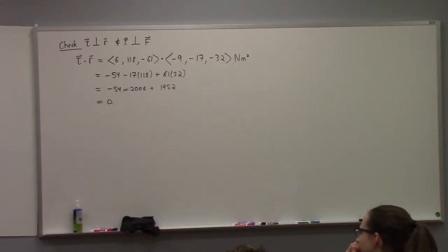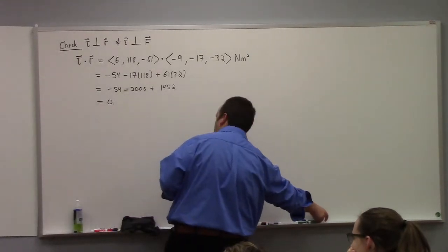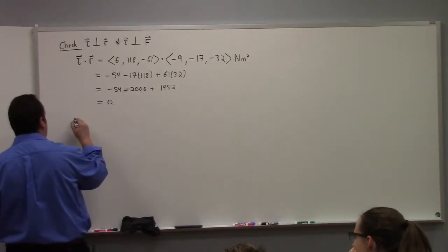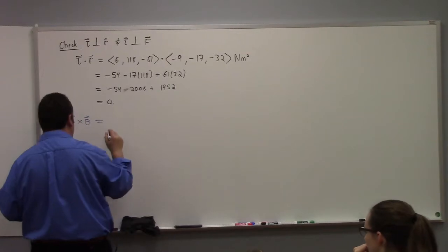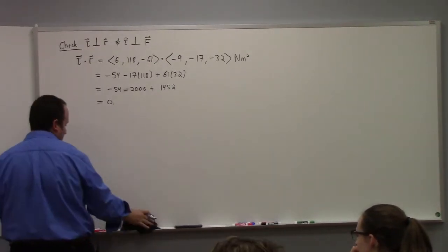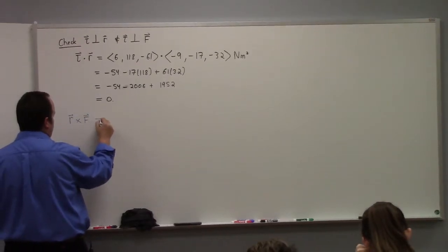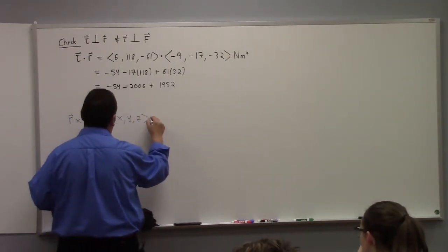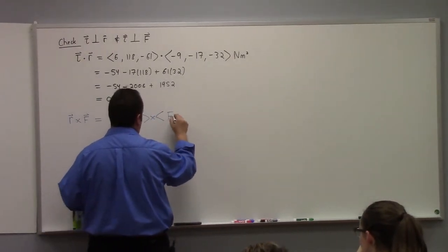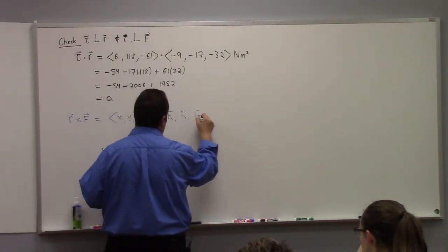Now, listen, guys, you don't have to use this determinant mnemonic, it's fine, but I personally sometimes gravitate towards using, alternatively, the following formula. A cross B is equal to, well, let me use R and F. So the R cross F would be equal to X, Y, Z crossed with Fx, Fy, Fz.